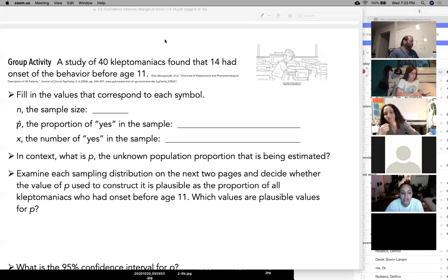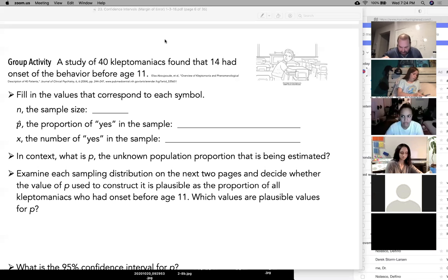What is 14 of 40? 14 divided by 40 is 0.35, 35%.